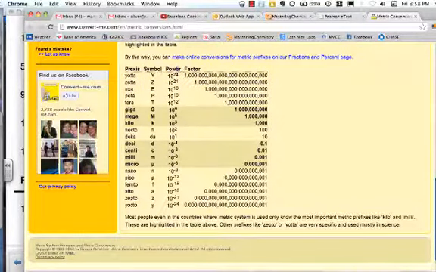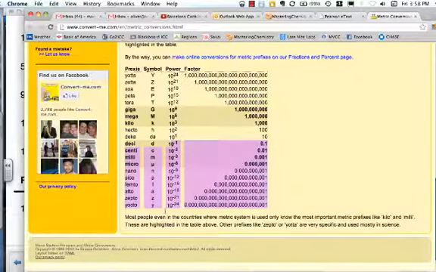Now, this table here does not do the base. The base measurement would be between here and here. And the base is grams and liters and seconds and calories and joules and any number that does not have a prefix. All right, so prefixes below the base, all of these, are less than the base. How much less? Powers of 10.